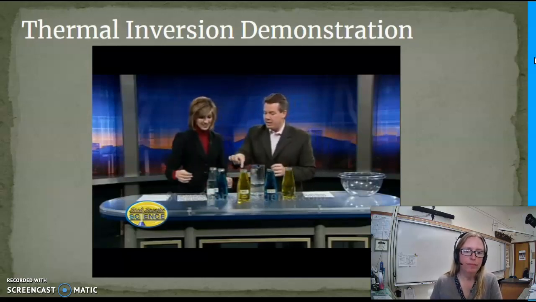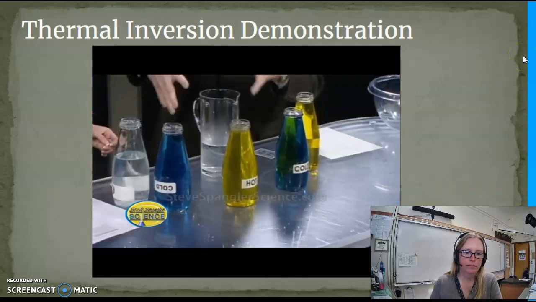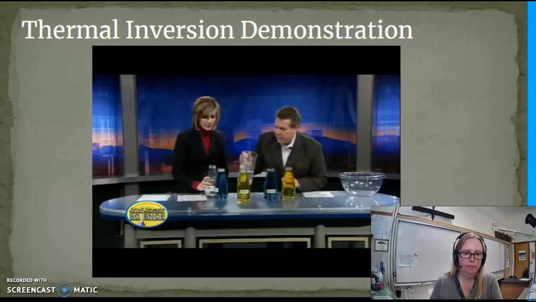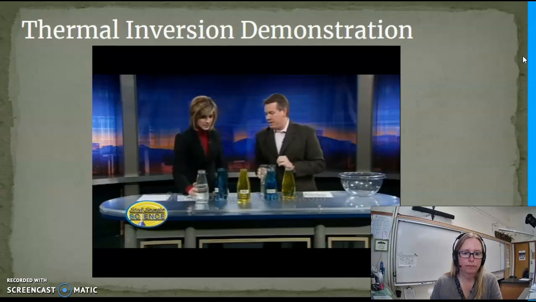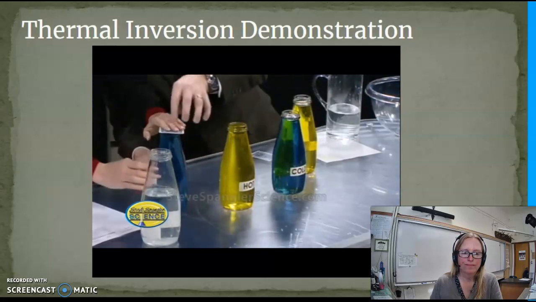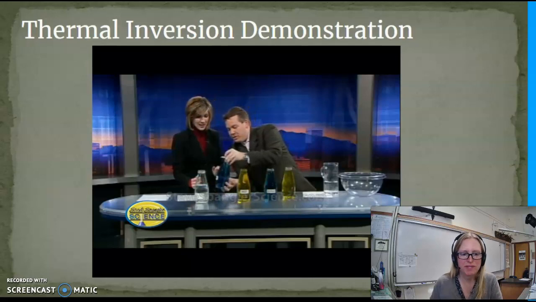So let's set up some scenarios. One of the scenarios is the warm on the bottom. So the sun heats here, and that hot air rises from the bottom. You could do this at home too.